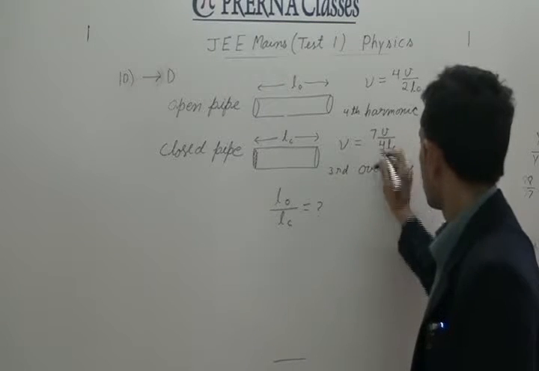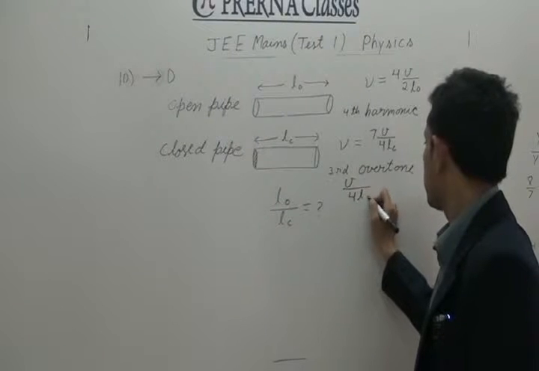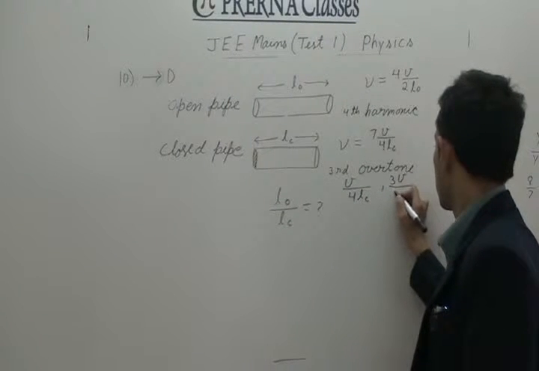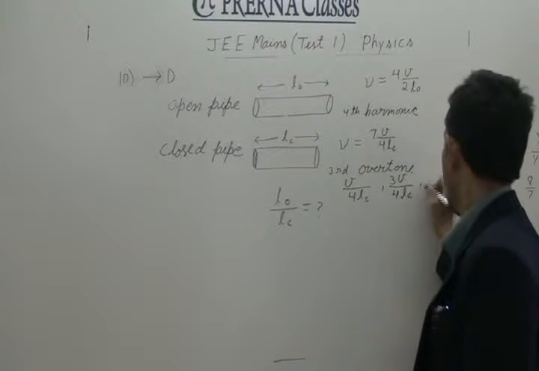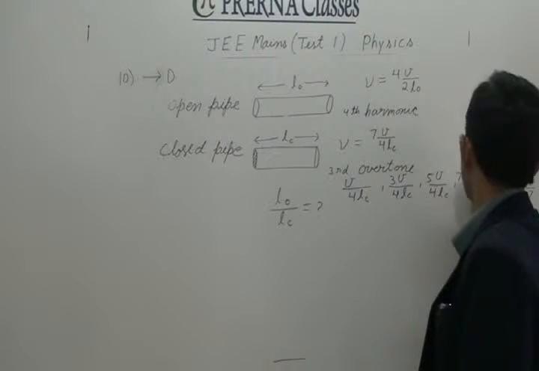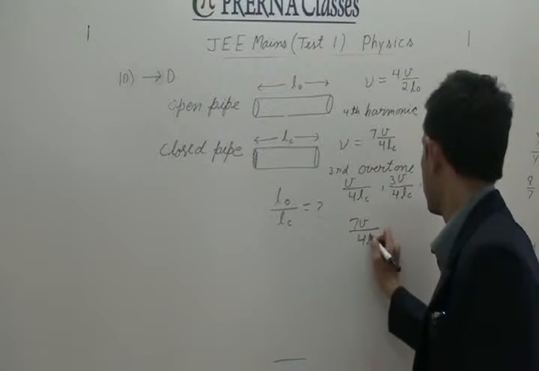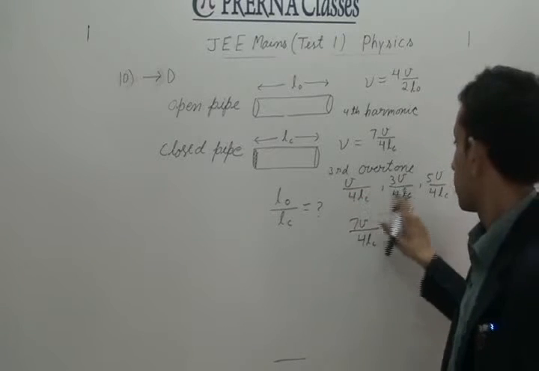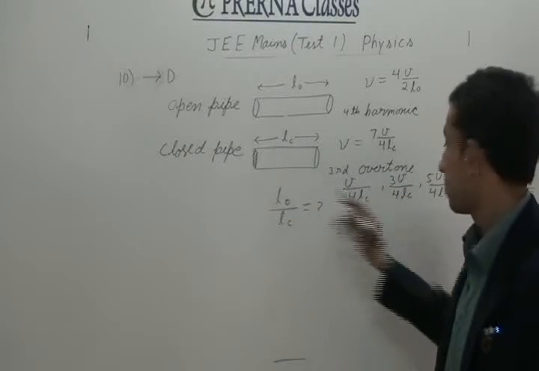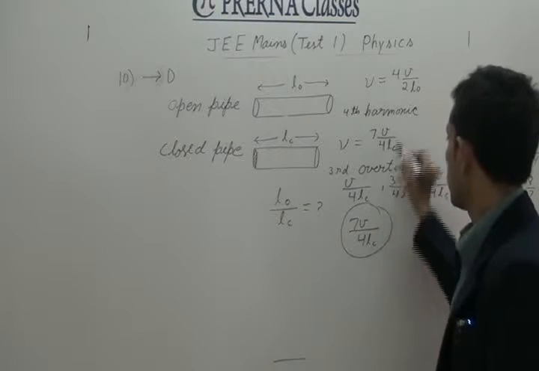Actually for different overtones, if you write V by 4LC, then 3V by 4LC, 5V by 4LC, 7V by 4LC. These are the different frequencies of overtone. This is for fundamental frequency of closed pipe, first overtone, second overtone and third overtone. So this we have used here.